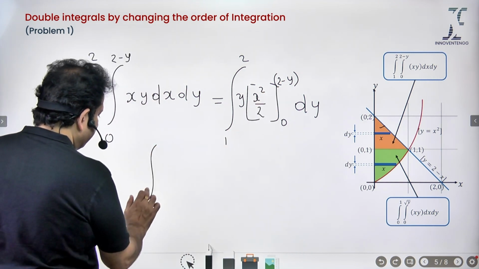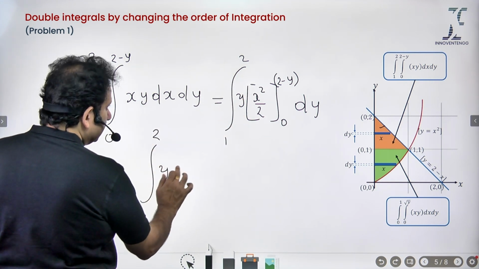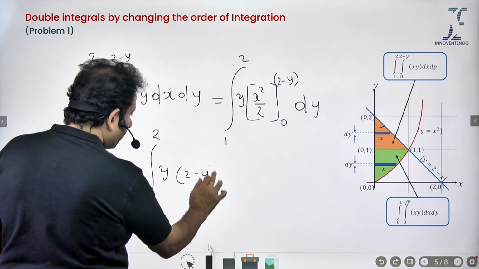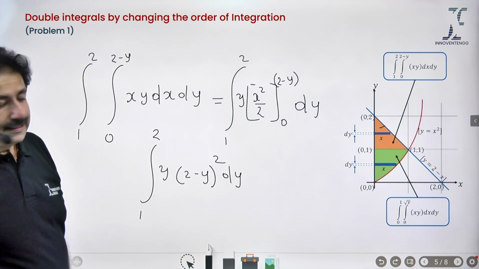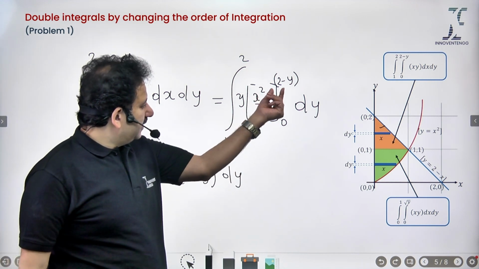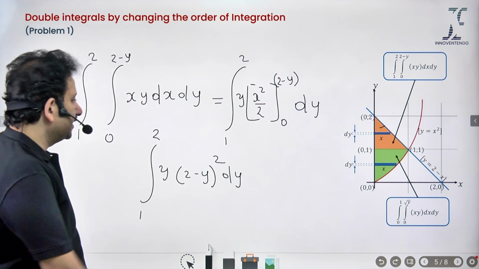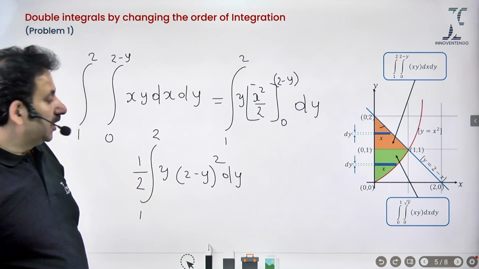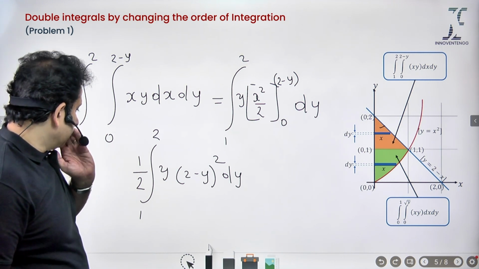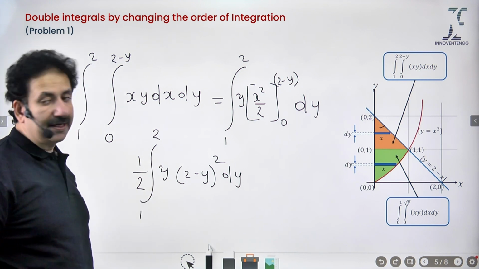So this simplifies to 1 to 2, and then y, this is 2 minus y whole square dy. Am I right? Because when you put the upper limit, it becomes 2 minus y whole square, and lower limit is 0, and there is half here which I would take outside.